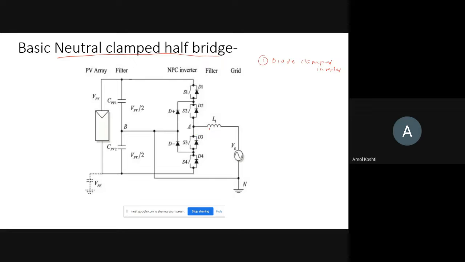Here we are connecting the grid at the end of this inverter. The intermediate point of the input capacitors is used as a neutral. Since it is grounded, it is referred to as a neutral clamp. The central point is used to clamp the neutral. We have to turn on the switches and produce the output.